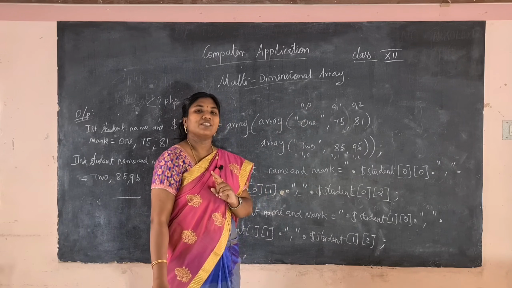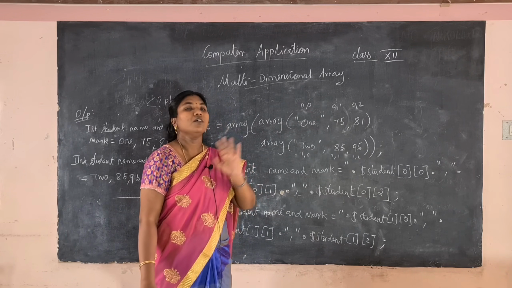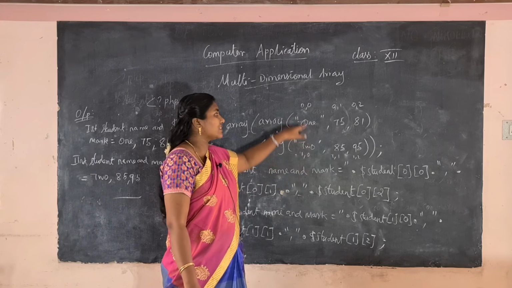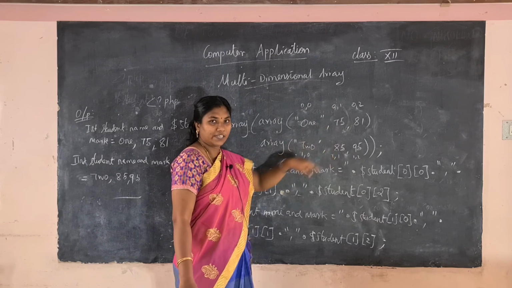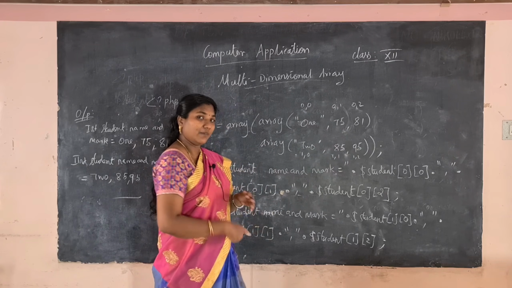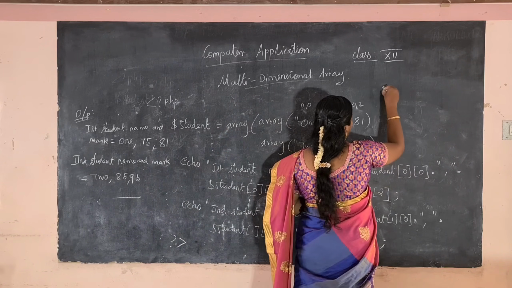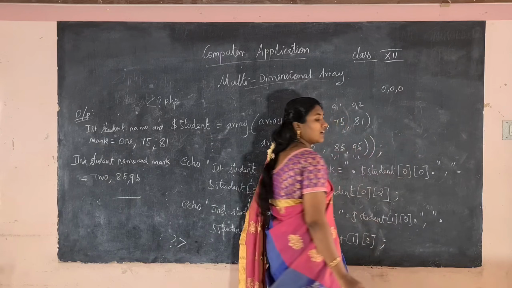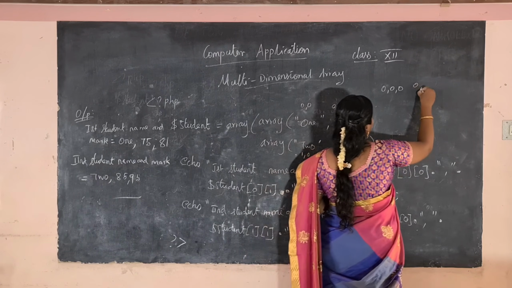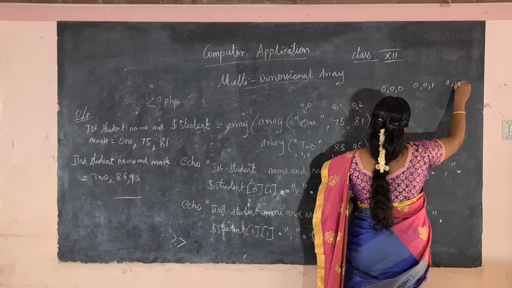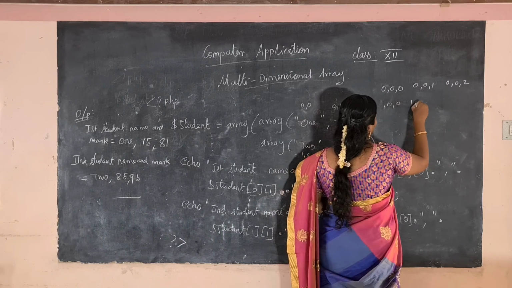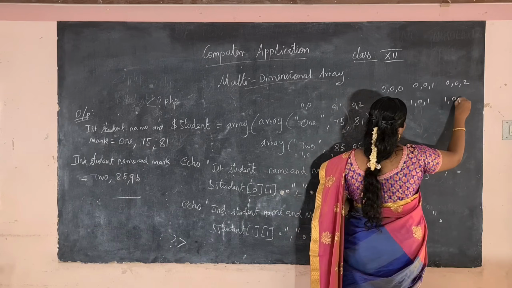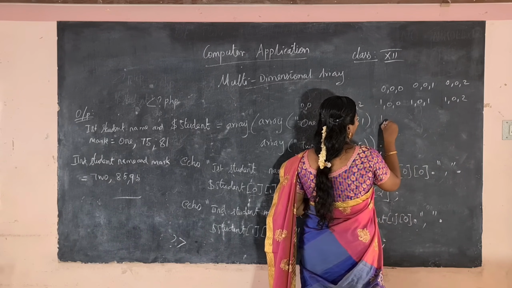In single dimension it will start with 0, 1, 2, 3, no. So likewise in a 2-dimensional array the index will start with 0 comma 0, and next it will be 0 comma 1, 0 comma 2, like this. In case you are having a 3-dimensional array, then what will be the index? So 0, 0, 0 will be the starting one. So 0 comma 0 comma 1, 0 comma 0 comma 2, like this it will be going. Again 1 comma 0 comma 0, 1 comma 0 comma 1, 1 comma 0 comma 2, again it will be going on.